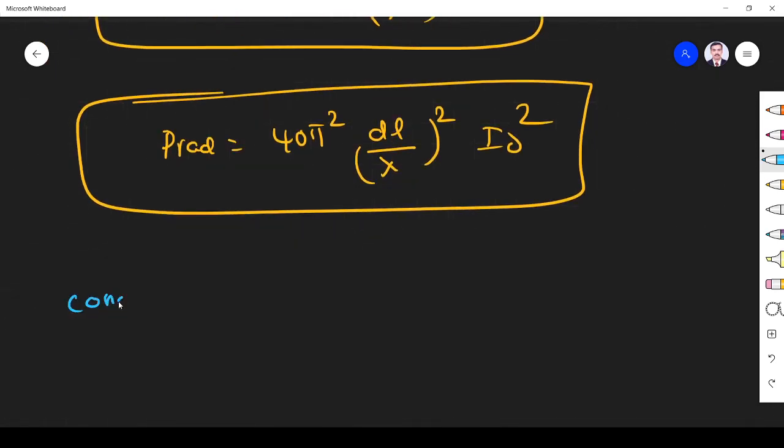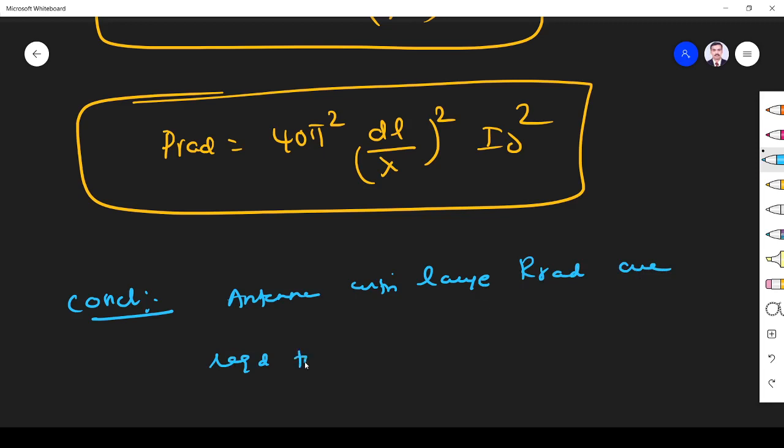The conclusion is that an antenna with large R radiation is required to deliver a large amount of power to space.